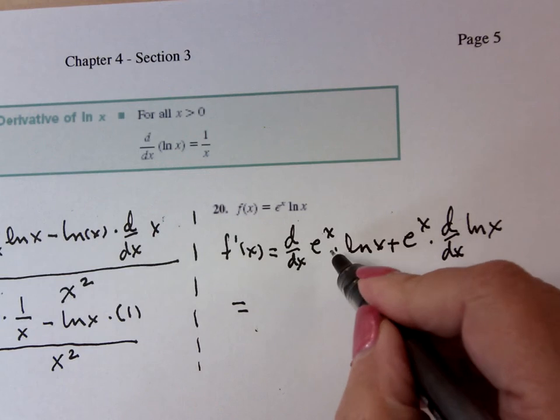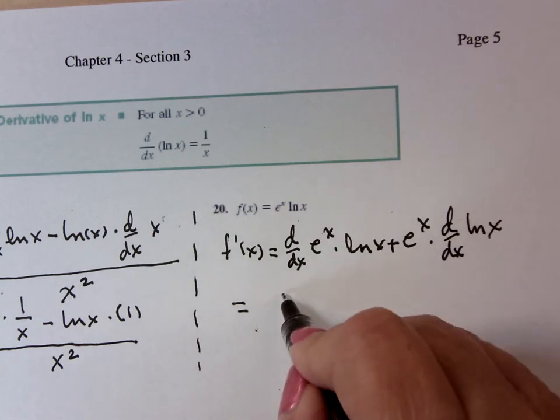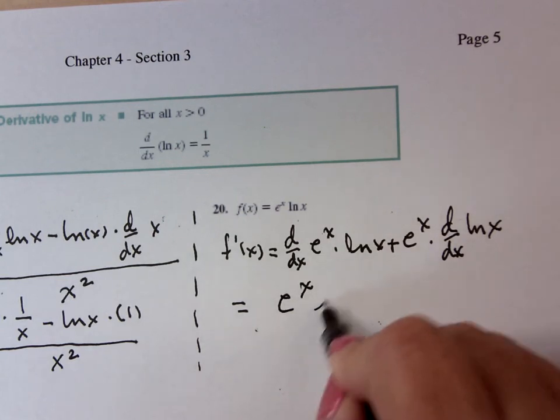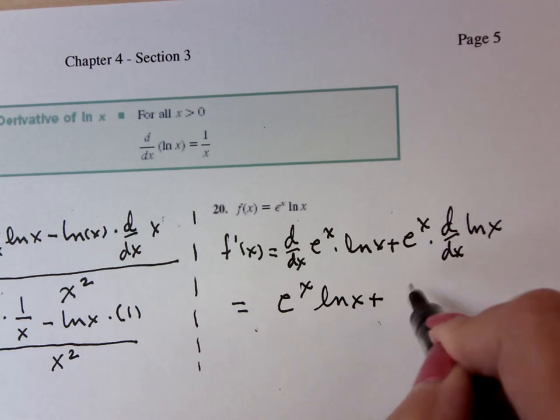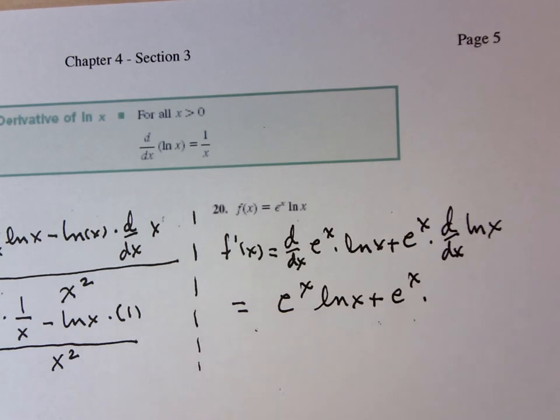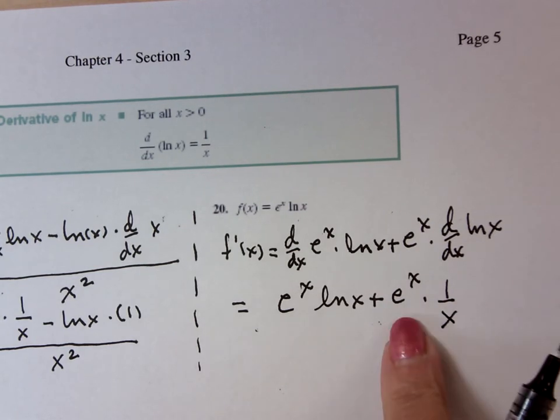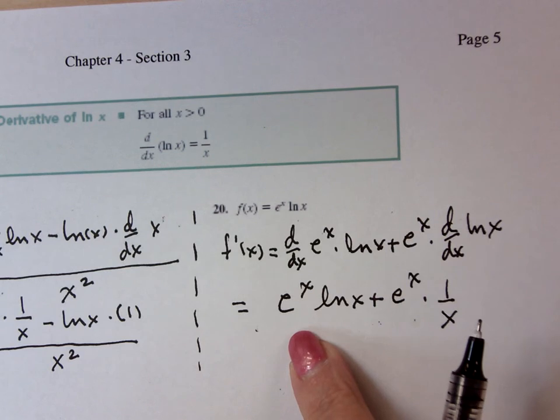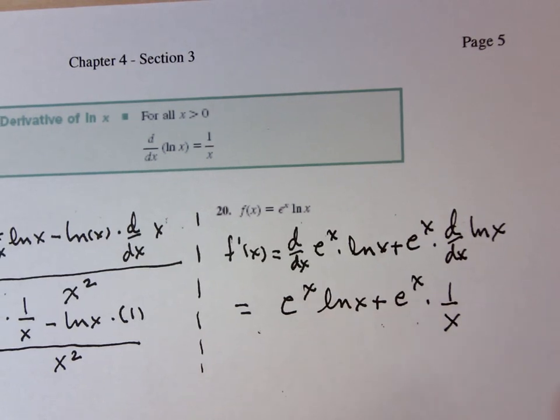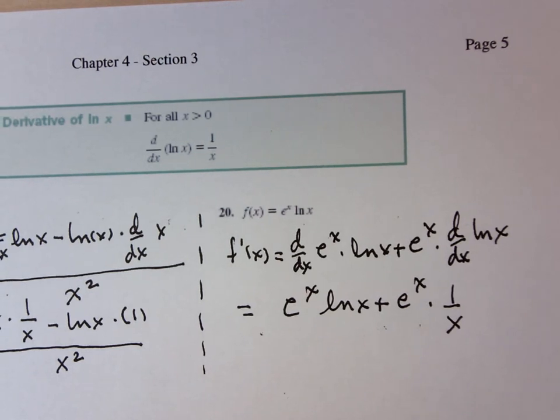So f prime of x, what's the derivative of e to the x? E to the x, natural log of x plus e to the x times derivative of natural log of x is 1 over x. And then you notice you've got a greatest common factor of e to the x. You can factor that out and put the remainder over a common denominator and all that kind of good stuff. So you can simplify it.